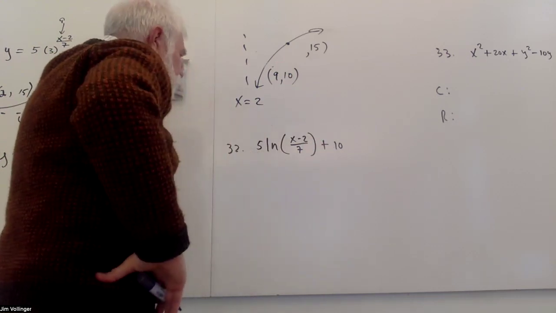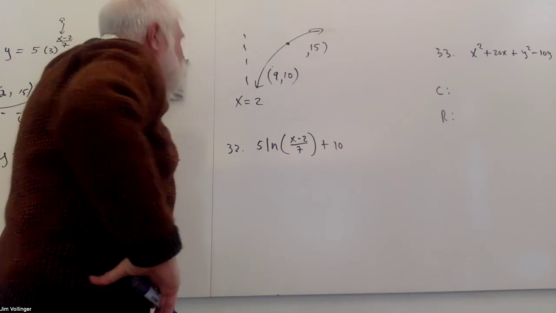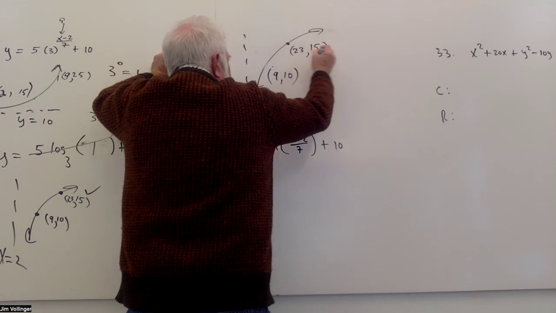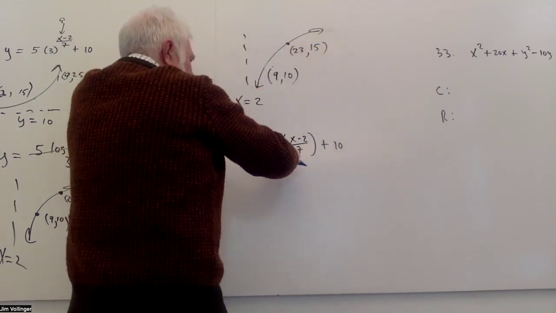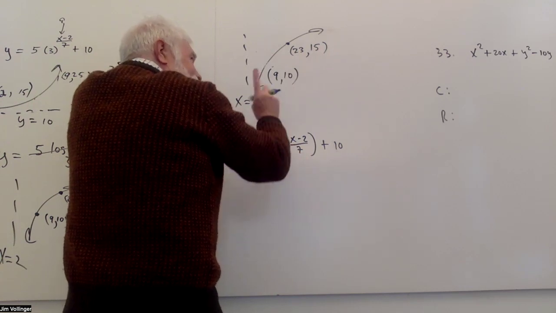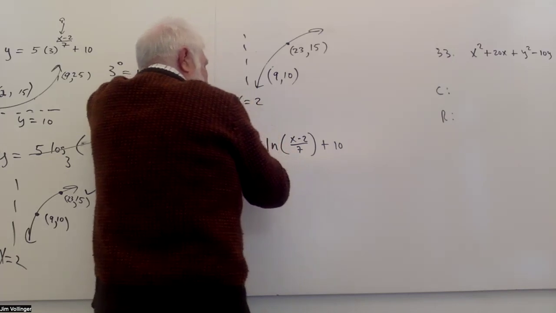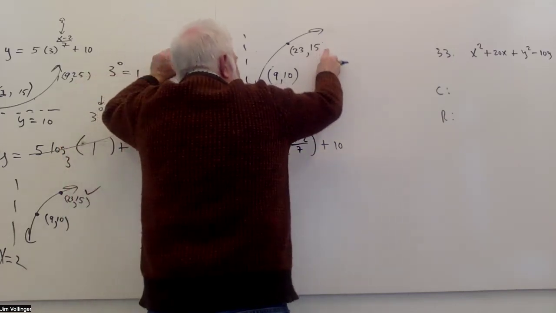And then we want 3, so 21 plus 2, 23. 23 minus 2, 21, ln of 3. So hey, you got to be more careful, Jimbo. So ln of 3, 1.1, 5.5, 15.5.